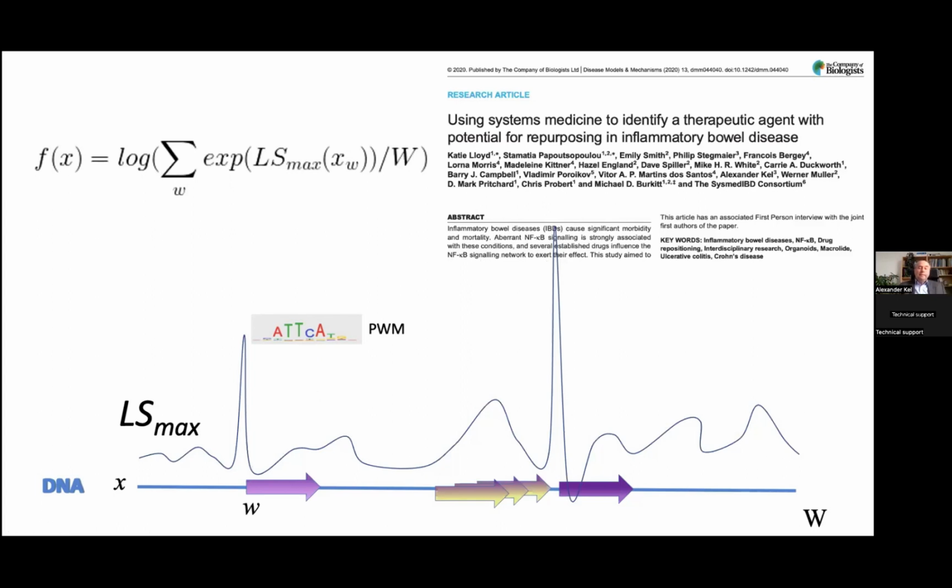Why should we do that? Because we never know how the true regulation of that particular gene is happening.